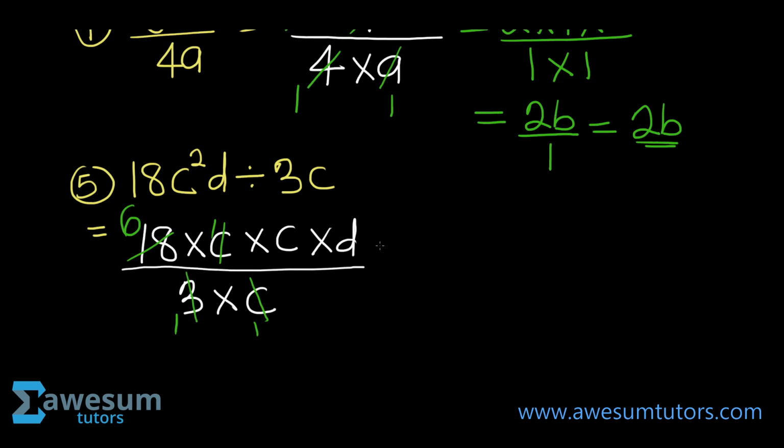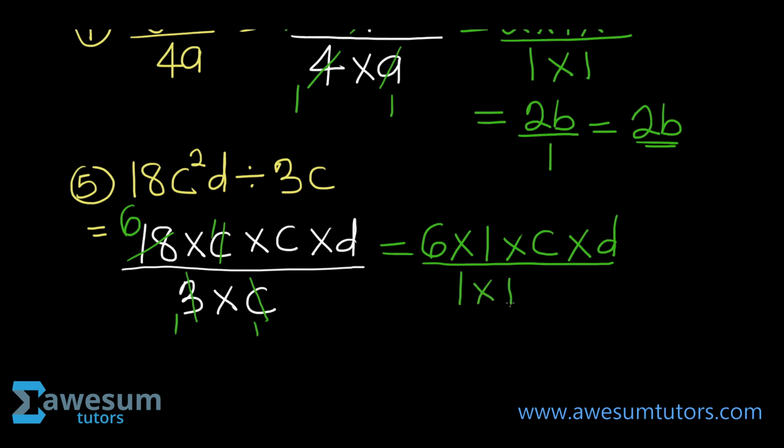And then I can multiply out by saying this is 6 times 1 times c times d, divided by 1 times 1. Very good.